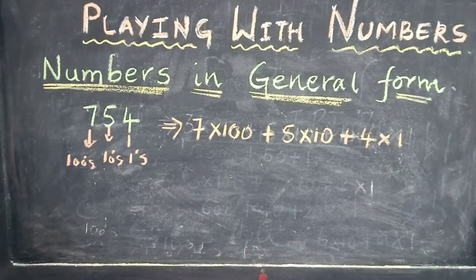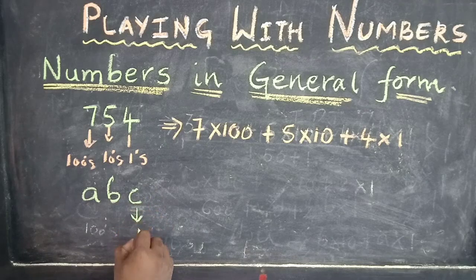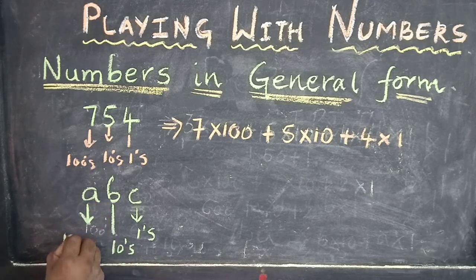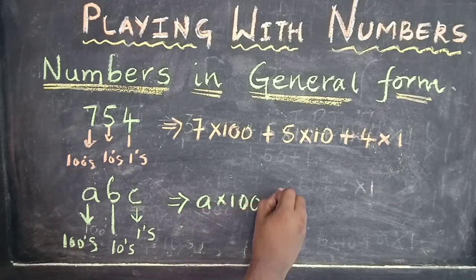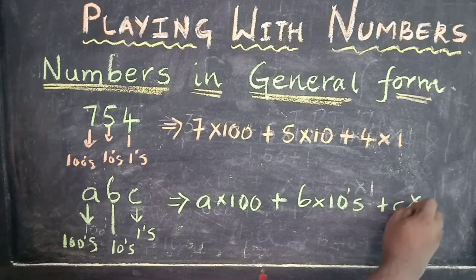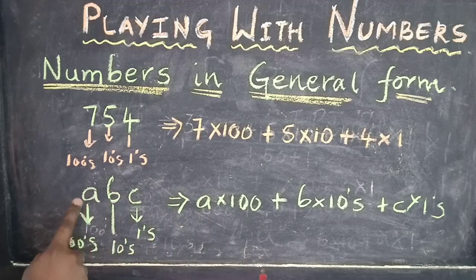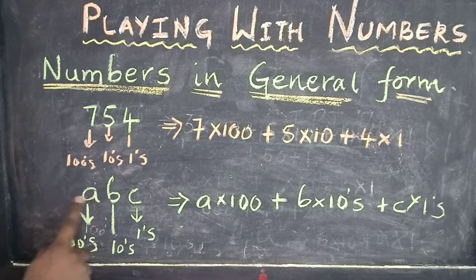In the same way, I will consider a 3-digit number ABC. Here C times ones, B times tens and A times hundreds. So it is easy to express it as A times hundred plus B times tens plus C times ones. This is how we express a 3-digit number in the general form.